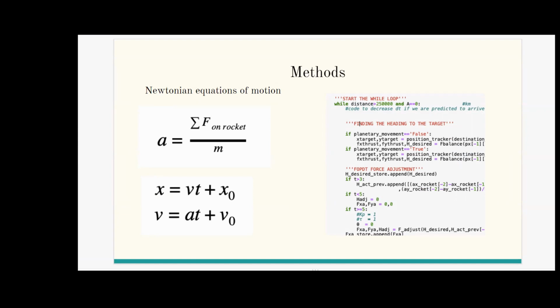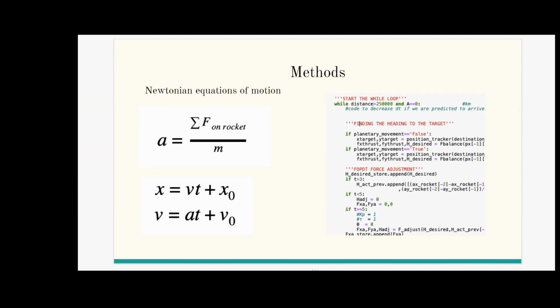We used F equals ma to figure out what would be the acceleration of the rocket, and the forces we got by summing up all the forces that would affect the rocket from all the planets that we knew about. And this was a good starting point to get to that PID point.